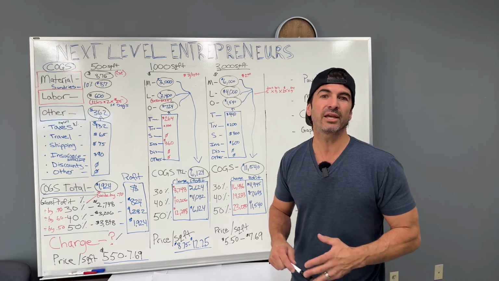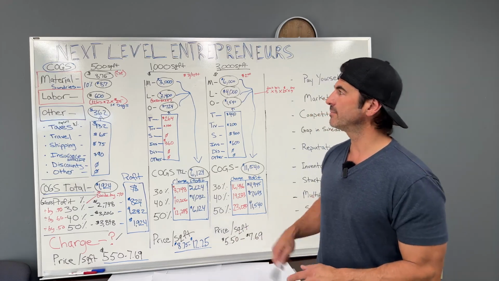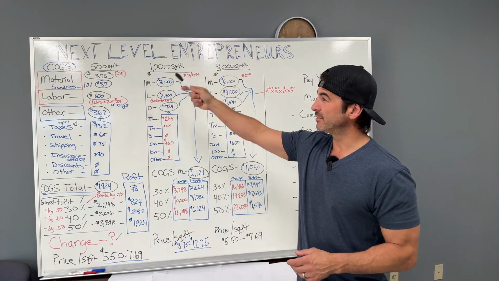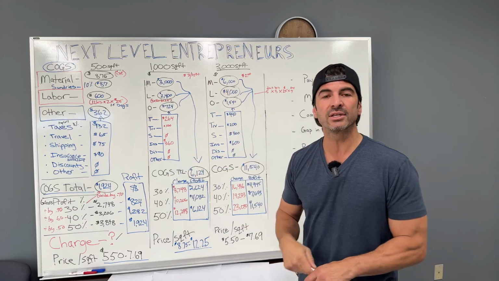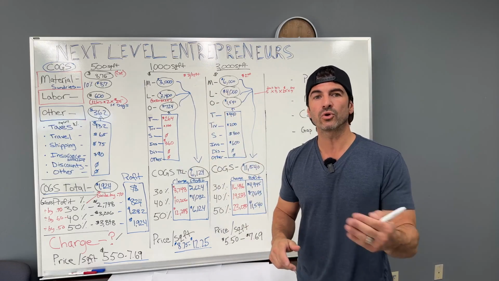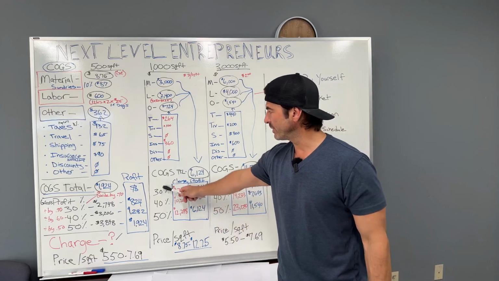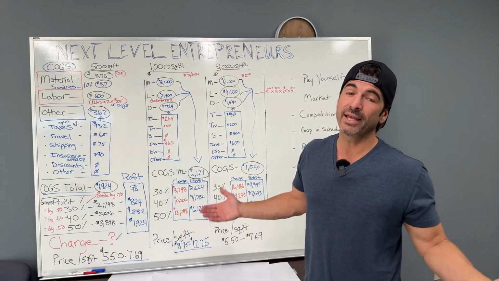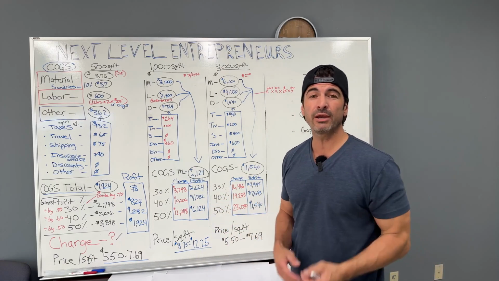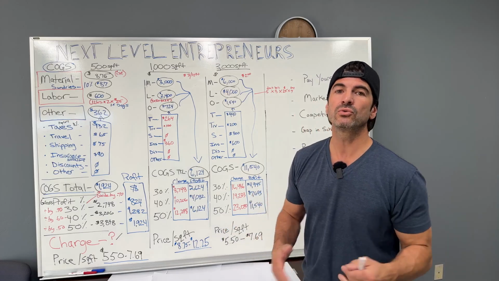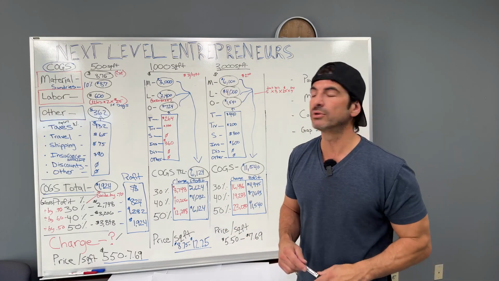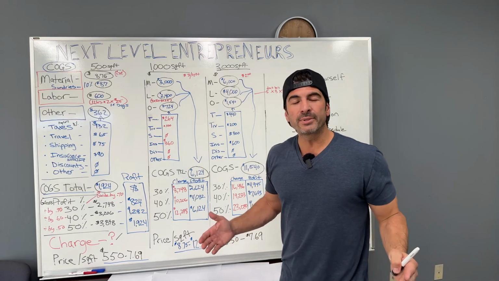How much you are paying your employees will change and whatnot. But for the material, the labor, and the other costs, you just plug in what works for you in your trade and your market, and then you can figure out how much you can charge based upon 30, 40, or 50%. If you want to charge more than 50% and you can get away with it, go for it. But you will know what your market is willing to do. So I hope that helps.